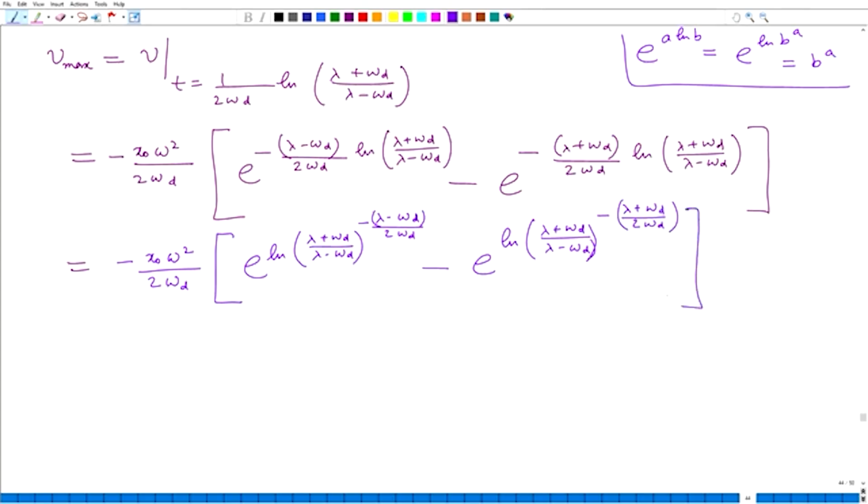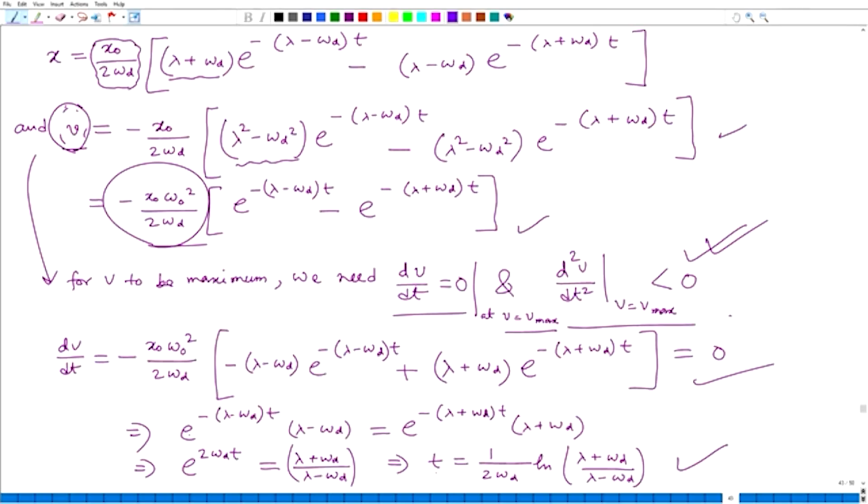These things you have to understand, that if you can do that, then everything is done, and you can write minus x 0, I can actually write omega 0 everywhere. I do not know whether I missed it over here. Yeah, omega 0 is there. Okay.